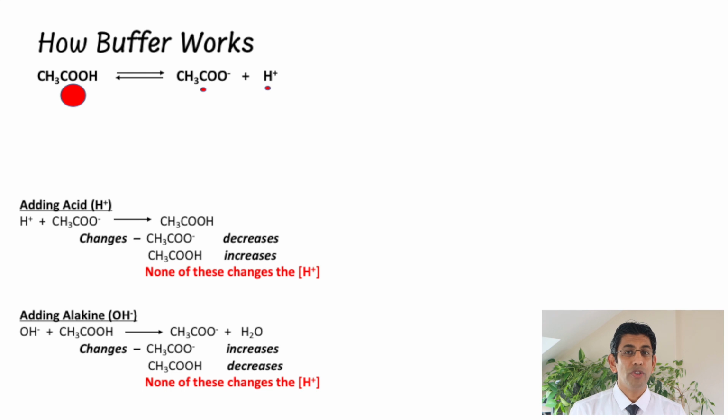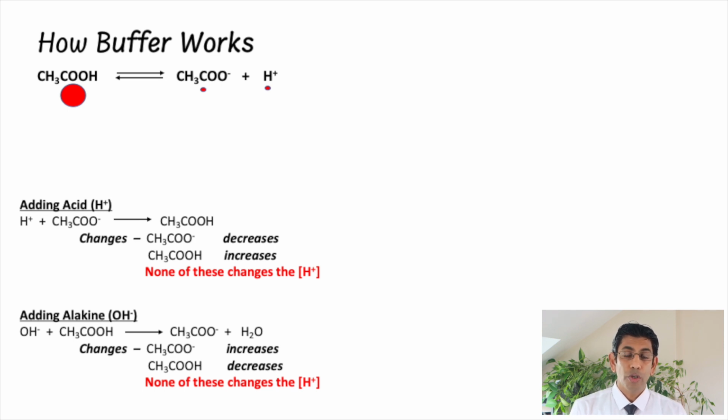So only a small amount of CH3COO minus and H plus ions are in the solution. Therefore, you won't have enough CH3COO minus ions to take up all the H plus you are adding. In that case, the buffer might not work. We need an additional supply of CH3COO minus ions from some other source.